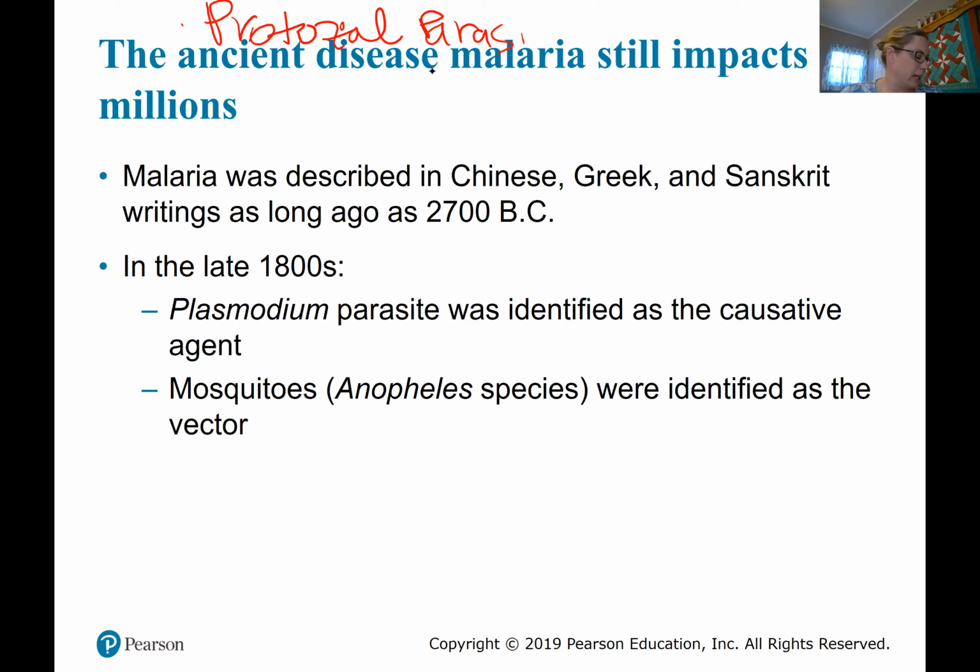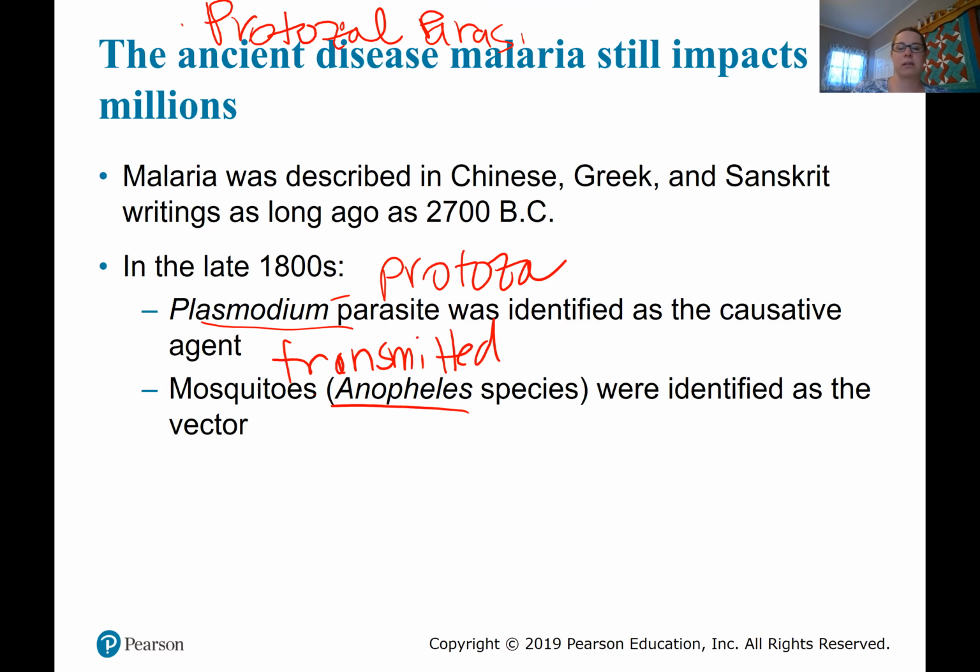And in the late 1800s, during that golden age of microbiology, Plasmodium protists or protozoa were determined to be the causative agent of malaria, and it's transmitted by Anopheles species of mosquitoes. So a little different than Zika.